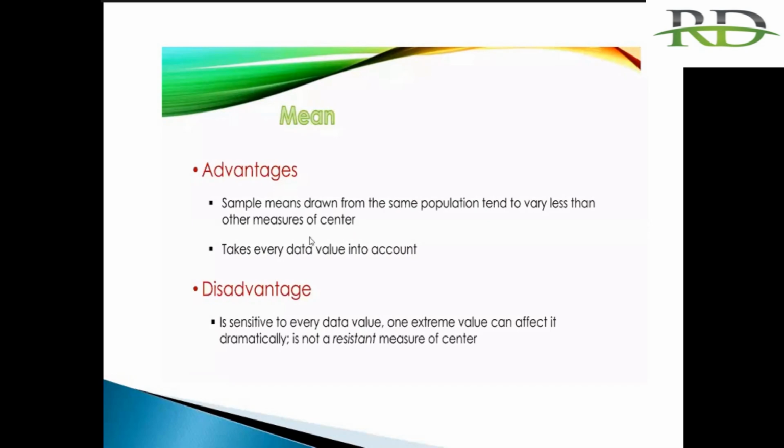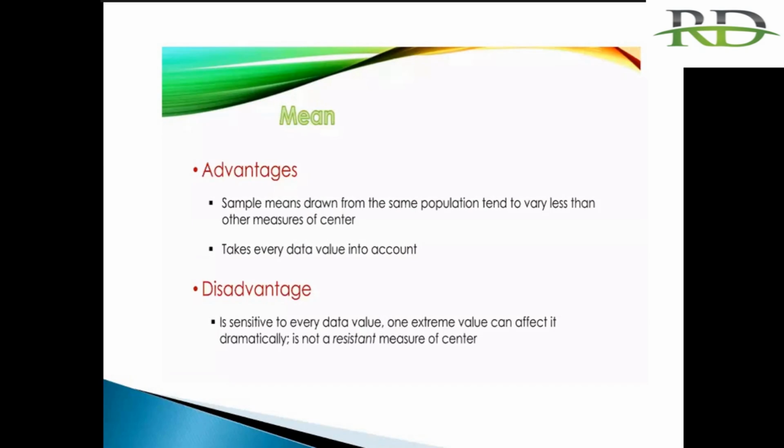Sample means drawn from the same population tend to vary less than other measures of central tendency, if the data is homogeneous. It takes every data value into account. This is a very good feature, that it uses every observation of the data. But the disadvantage is that it is very sensitive to every data value.